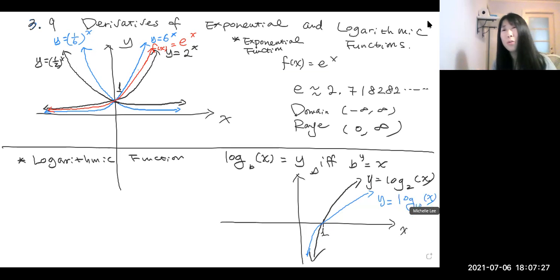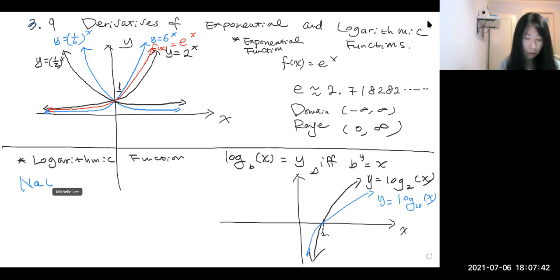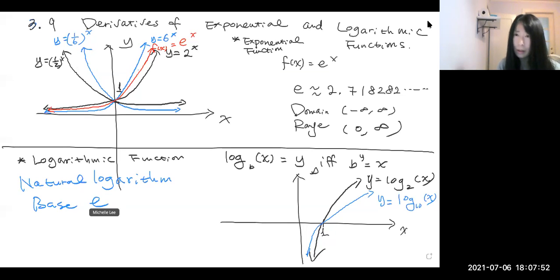In general, we don't write down 10 there, right? If we don't see any base, that means 10. But then how about natural logarithms, right? For logarithms spelling, I have to be careful. So base e, right?